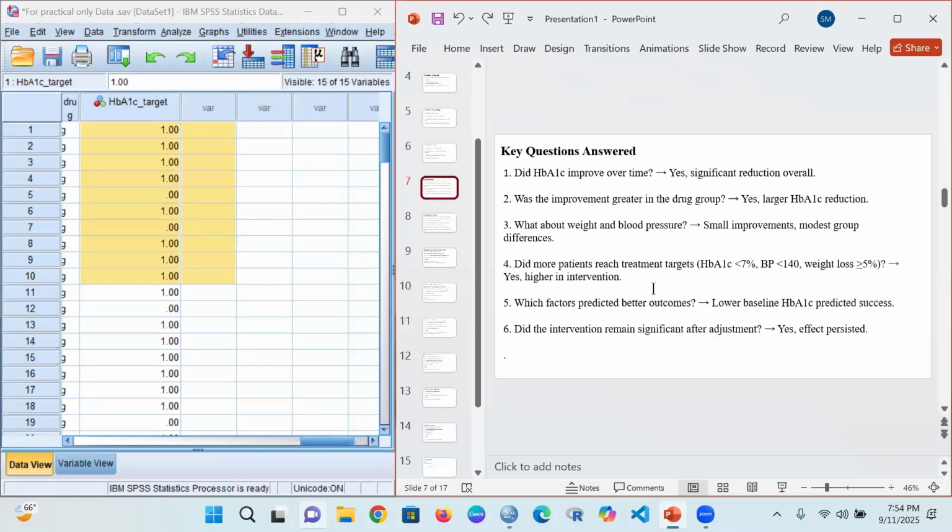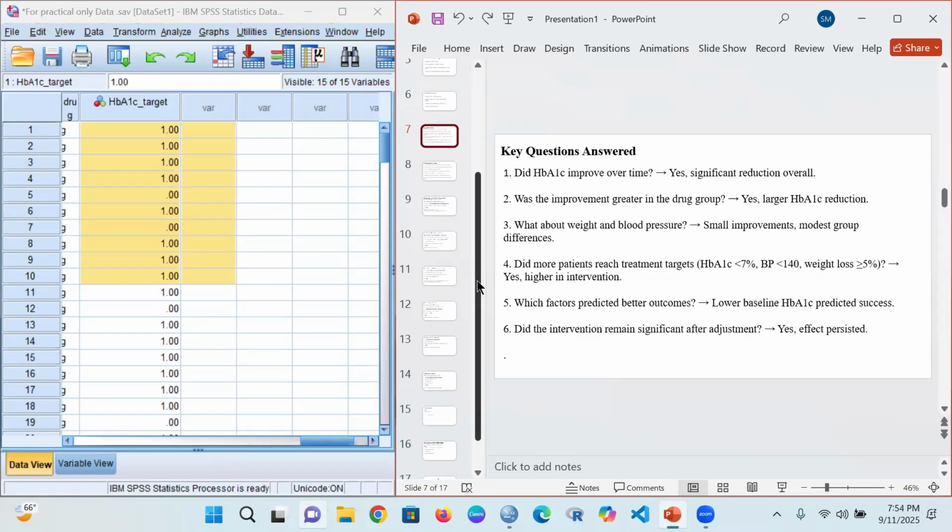So you have seen, here you can now confidently say that patients who are in the drug group achieved the HbA1c less than 7. So also you can check when you want to check for the blood pressure. Also you can check for the weight loss. I think you can use the same procedure you have used.